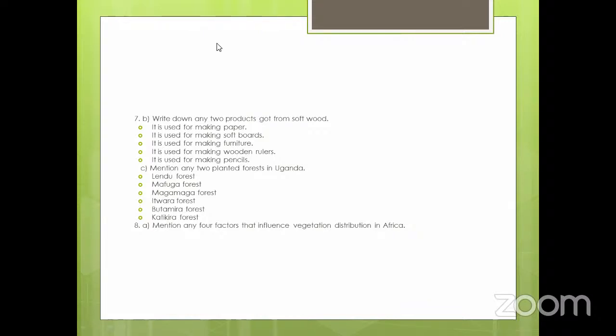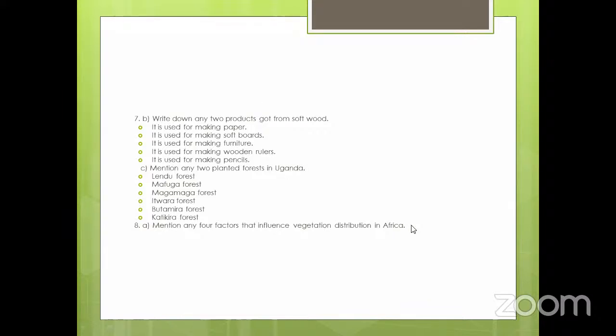We are looking at these ones we have mentioned in number 7C, Lendu, Mafuga, Magamaga, and so on. Which one is the largest? Magamaga Forest. The largest is Lendu.